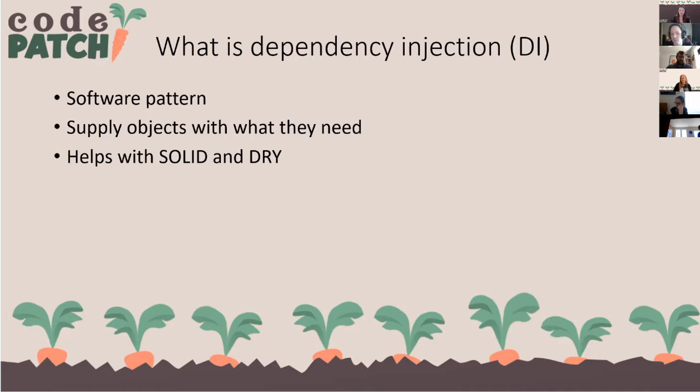And if you use interfaces to establish your dependency injection, you also satisfy the D in SOLID, being the dependency inversion principle, which says that you should program against an interface or an abstraction, not the actual implementation.